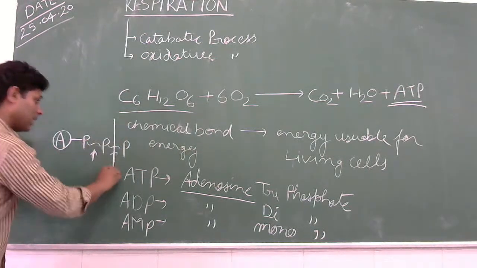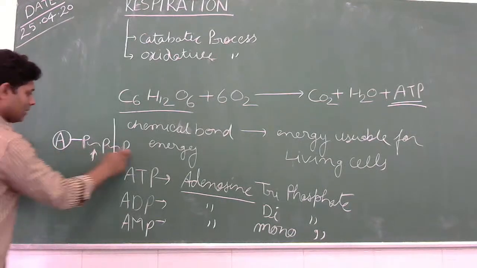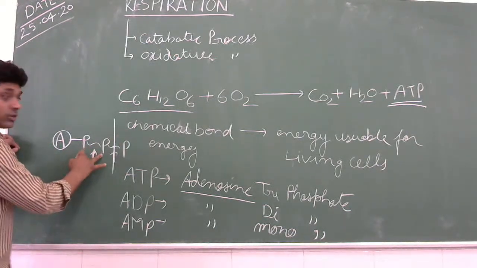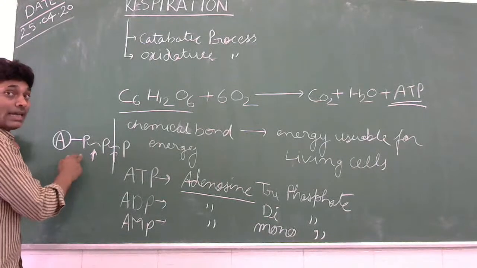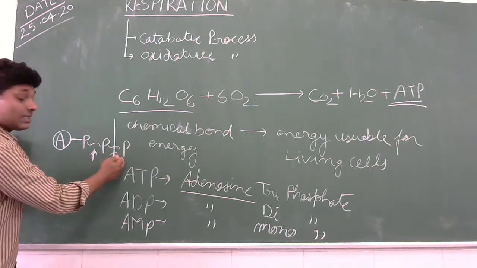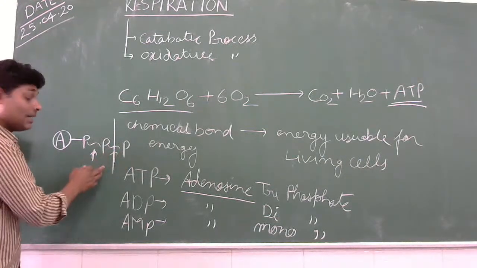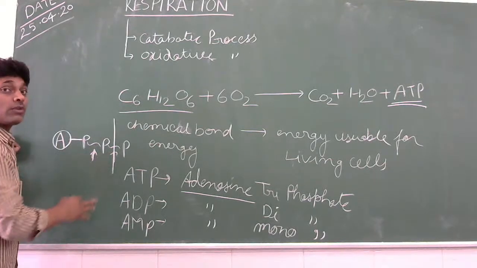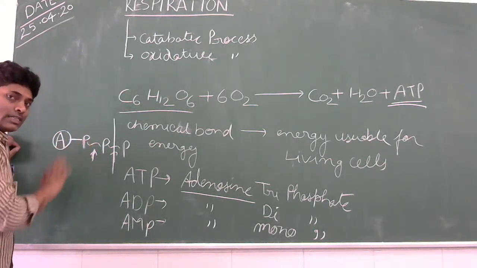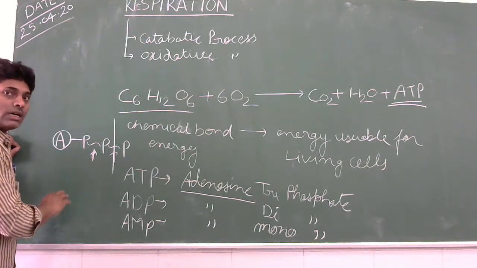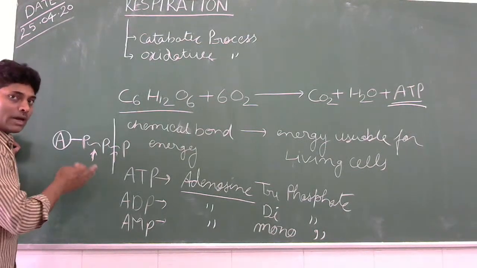When this will break, this is ATP, when this will break, only two phosphates will be there. It is known as the ADP molecule, and this inorganic phosphate will release, and they release a huge amount of the energy, which is utilized by the different types of the chemical process or metabolism.